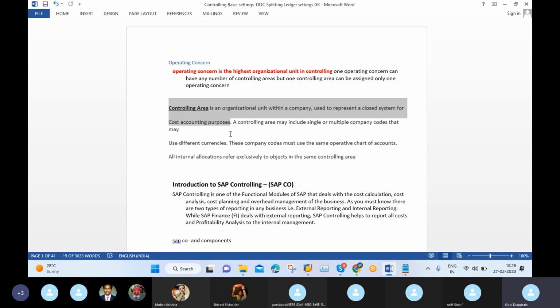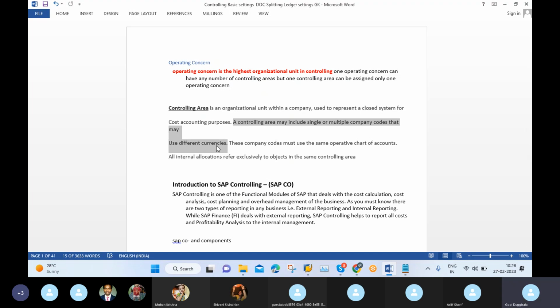Very important. And the second point is also very important. A controlling area may include single or multiple company codes that may use different currencies. It means one controlling area can have multiple company codes.